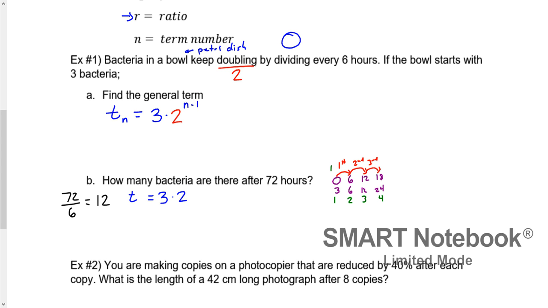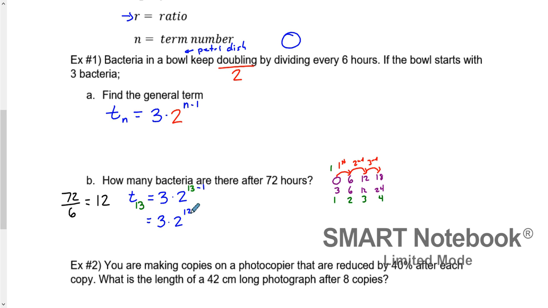What we are actually going to be doing is finding out what is term 13. Even though there are 12 time spans of 6 hours, we are actually finding the 13th number in this sequence. 13 subtract 1. So 3 times 2 to the power of 13 subtract 1 is 12.